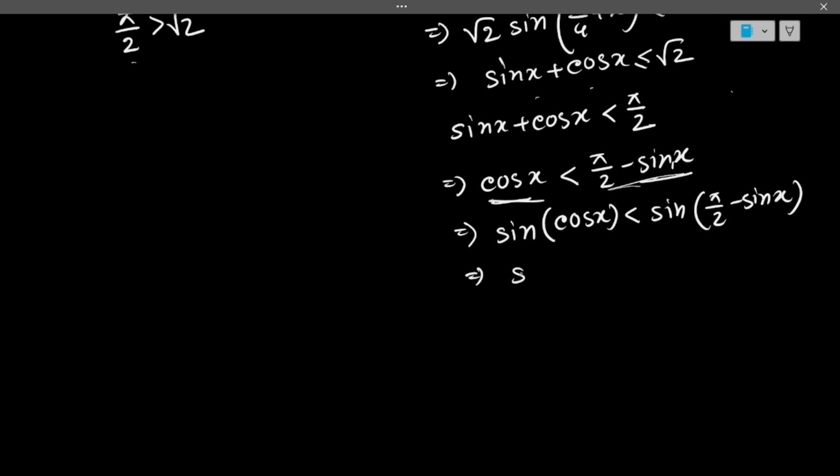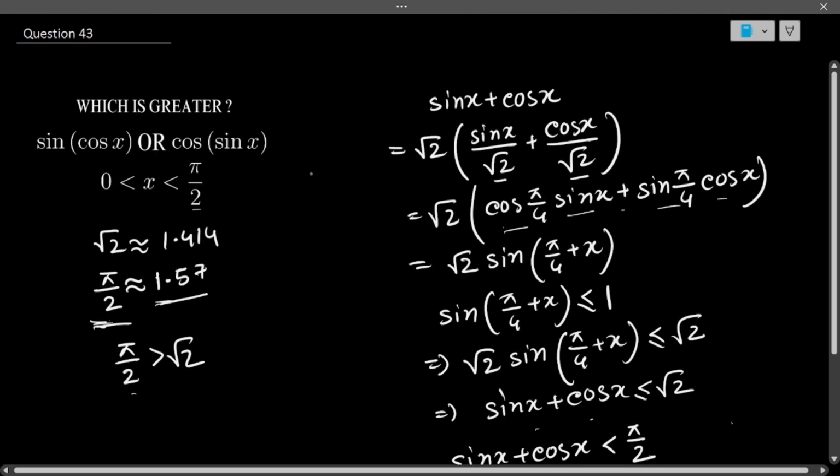Now let sin x be an angle. So sine of pi by 2 minus x, now we are holding this pi by 2 as an angle, will be cos of sin x. So which is greater? This one is greater.